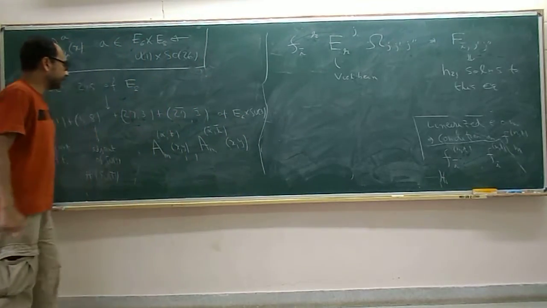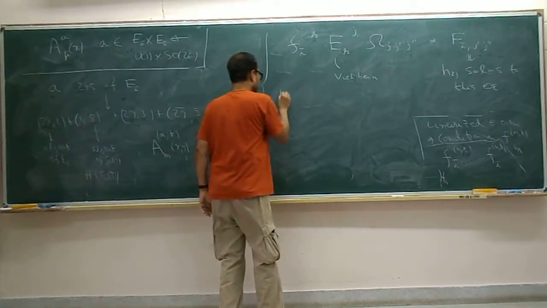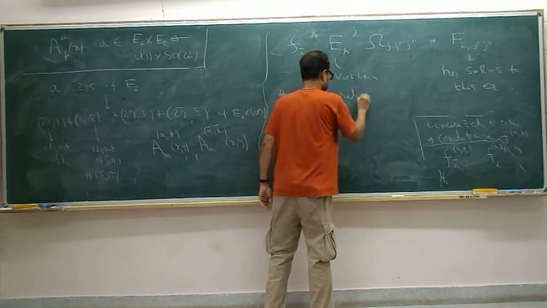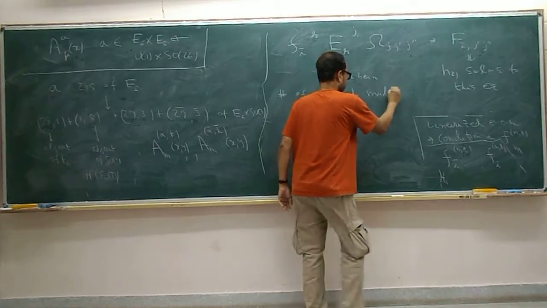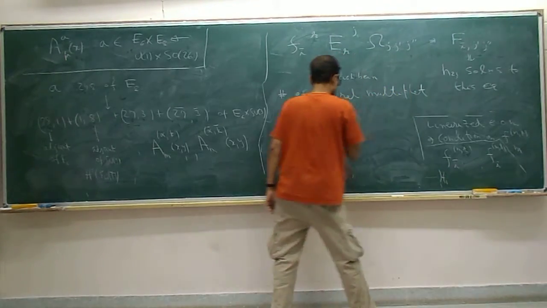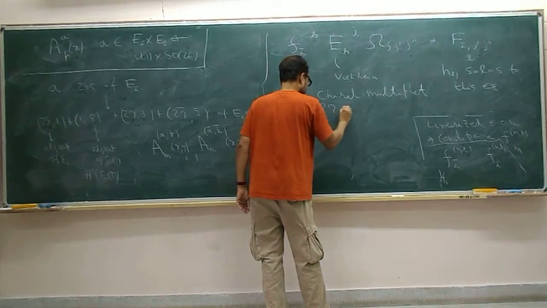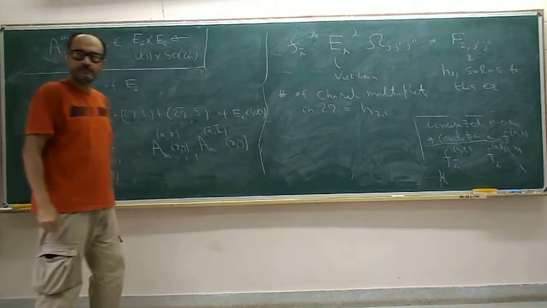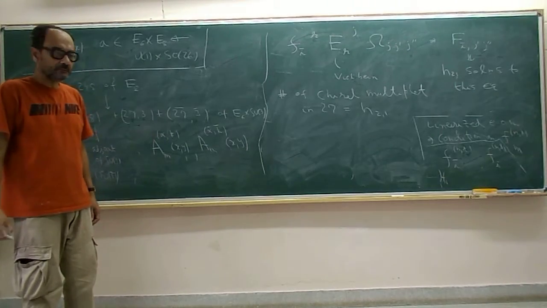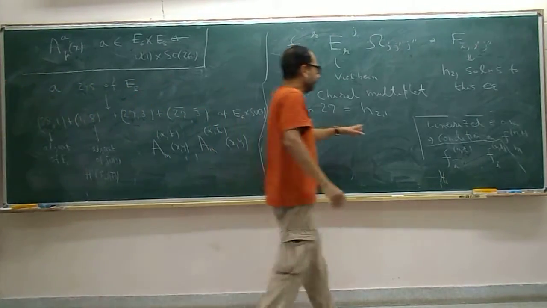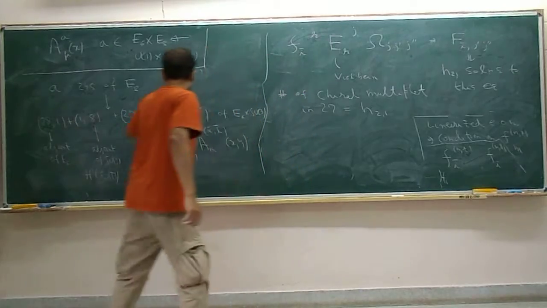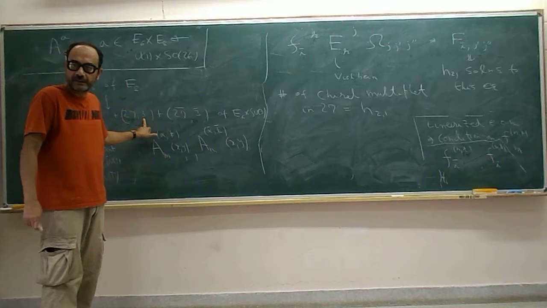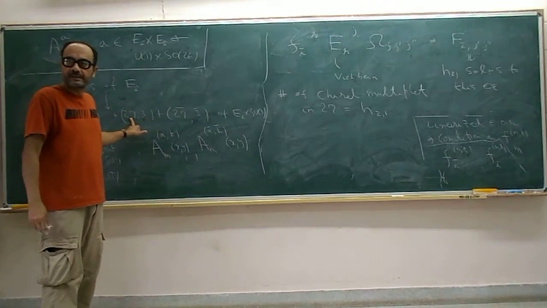So this tells us that the number of 27s, the number of chiral multiplets in the 27, is H21. Why 27? Because this 3 is correlated with this 27. We assume that this is in the 3 representation of SU3, and that automatically gives the 27 representation of E6.